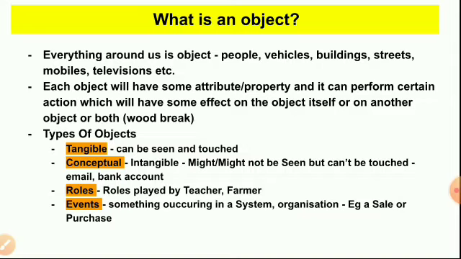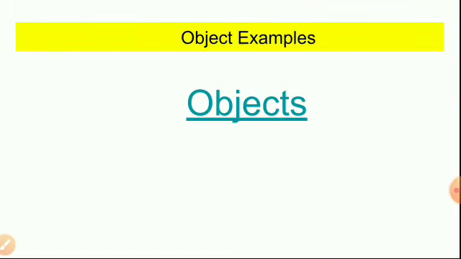Okay, next. Now the most important point: you must be able to identify an object. The first thing, you must be able to identify what kind of object it is.